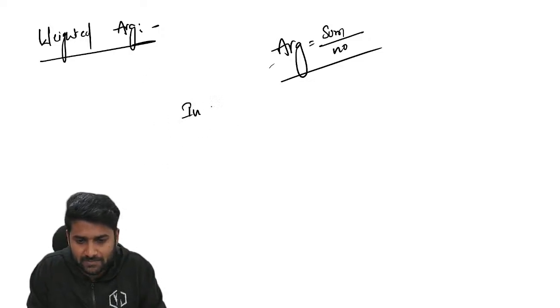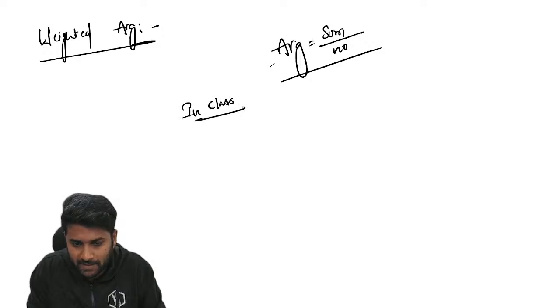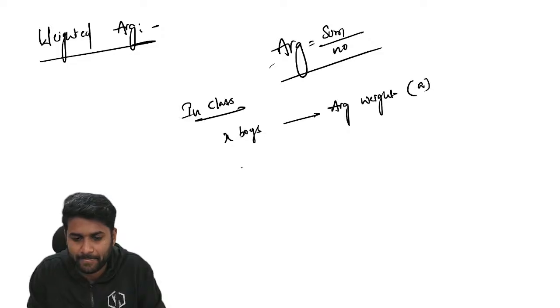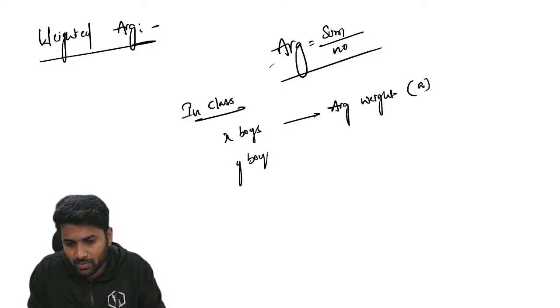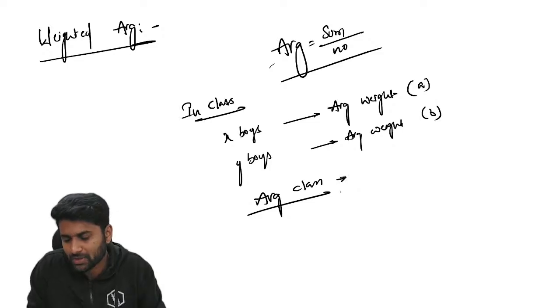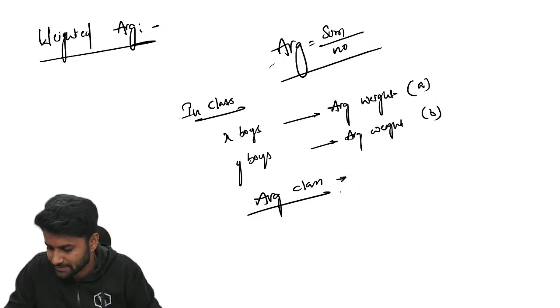Sir, in a class there are X number of boys whose average weight, let us consider, is A. There is a Y number of girls whose average weight is B. Now the question here: what is the average weight of the class?